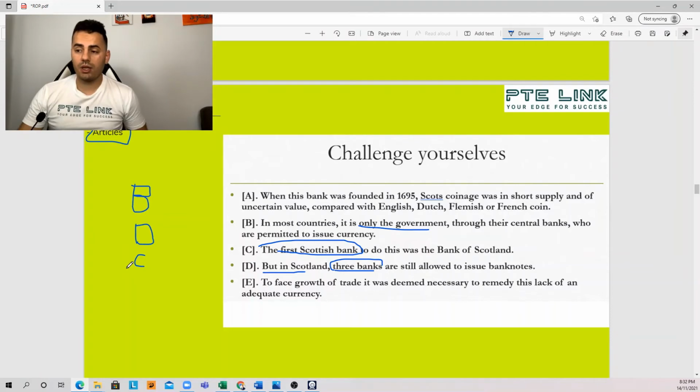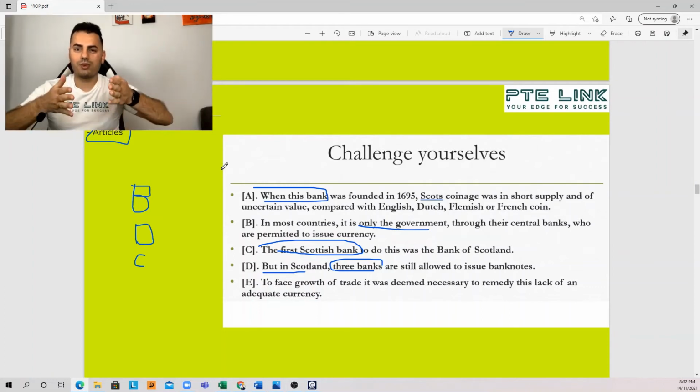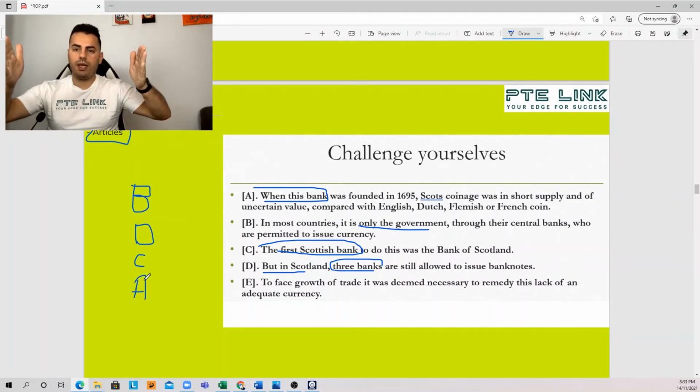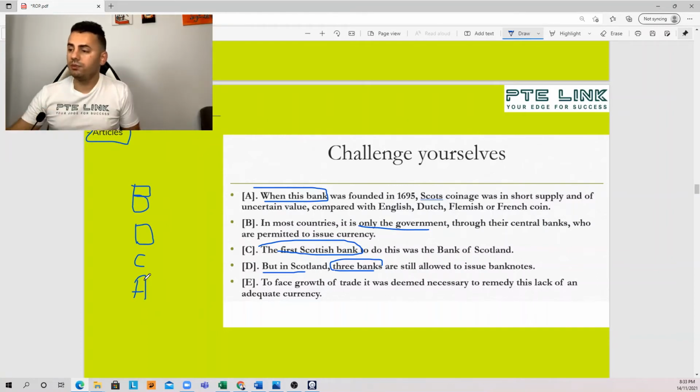And now you have to tell me what comes after C. Yes, "when this bank", this is the most specific article here. When this bank, so it will be A. So again, it was three banks, the bank, this bank in particular.